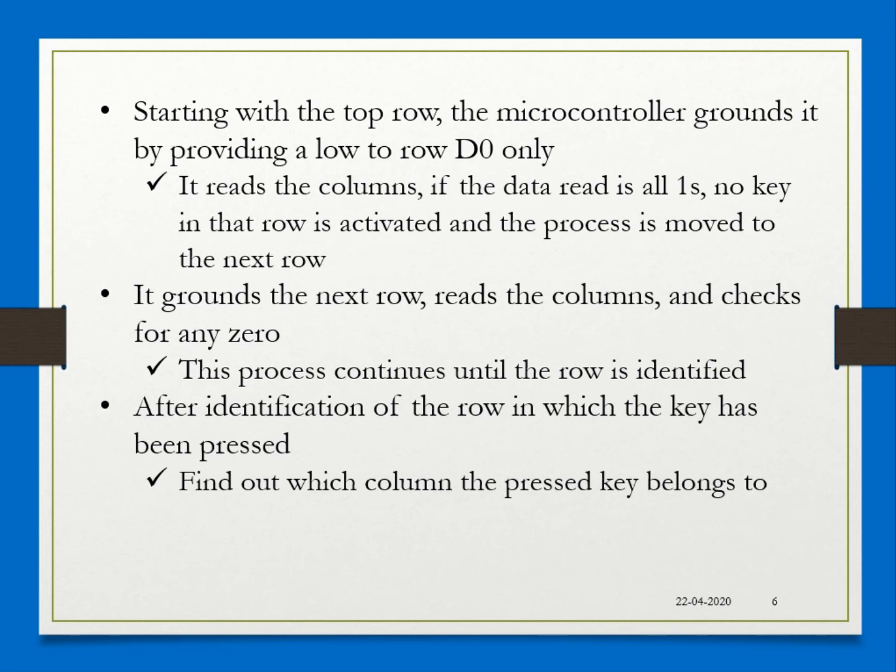If it is not 0, then it would ground the next row. This process will continue for all the rows. Once, for a particular row, a column is reading 0, it is easier to identify the key that is being pressed. All right. So this is the process that will be followed by the microcontroller.